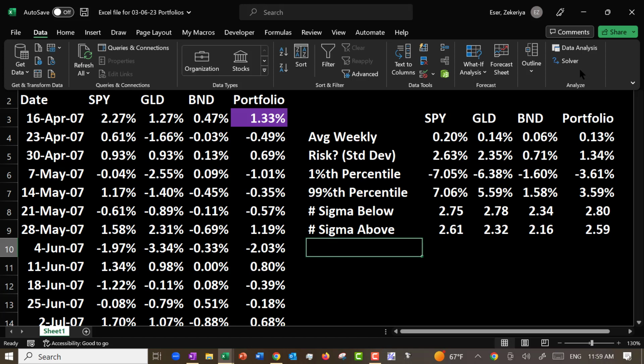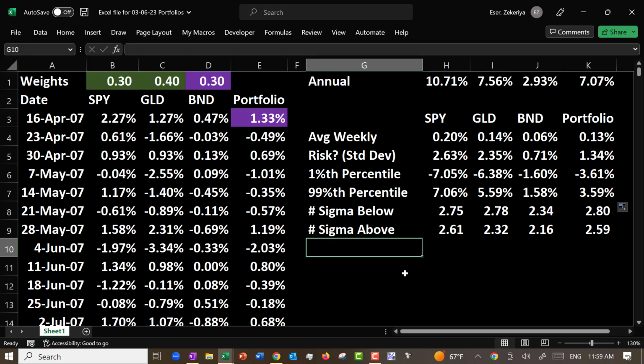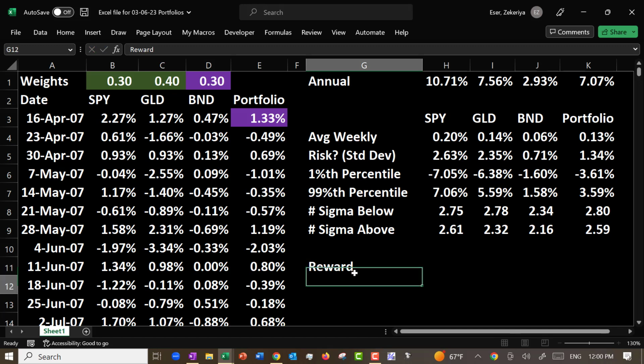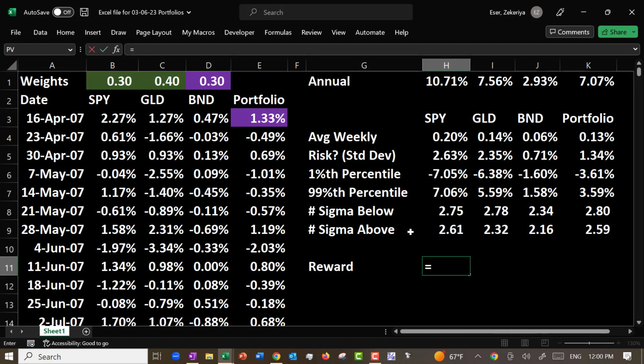Now, let's do a little bit of setup. I'm going to write reward here. For now, I'm going to use average weekly return for reward, the average return of the portfolio itself, given the set of weights. Risk is the standard deviation of the portfolio.